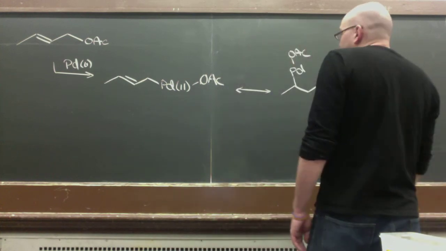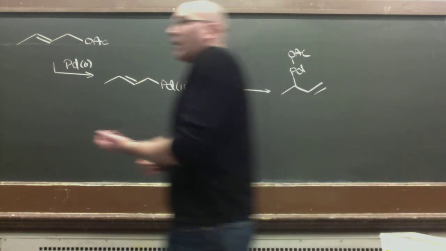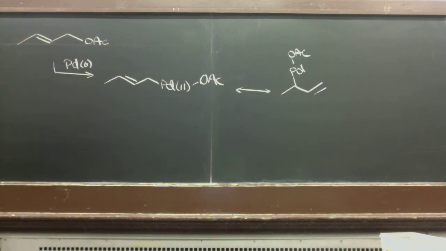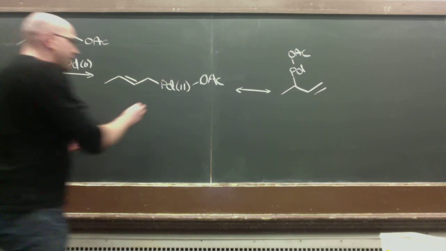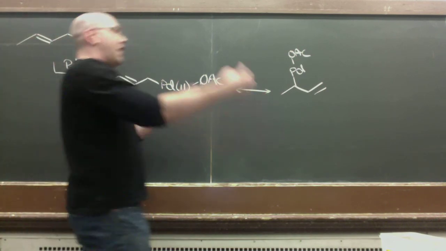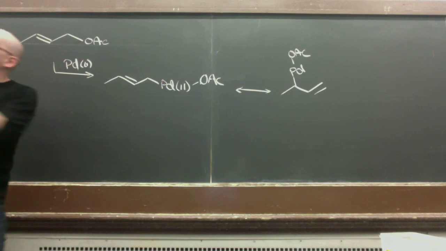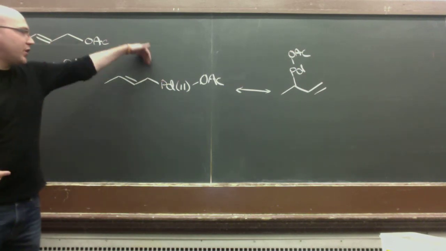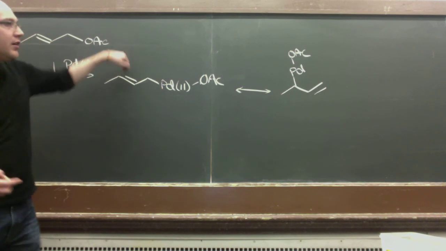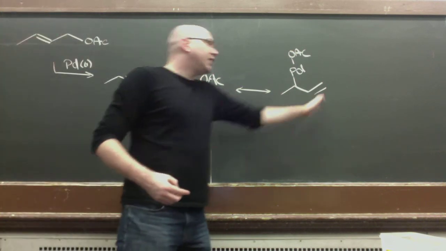Depending on how you want to think of the mechanism, one of these could then react with a nucleophile, and as we discussed, you could imagine 1,4 type addition or 1,2 type addition. I guess it would be 1,3, so we could either attack here or here. Same way over here or over here.